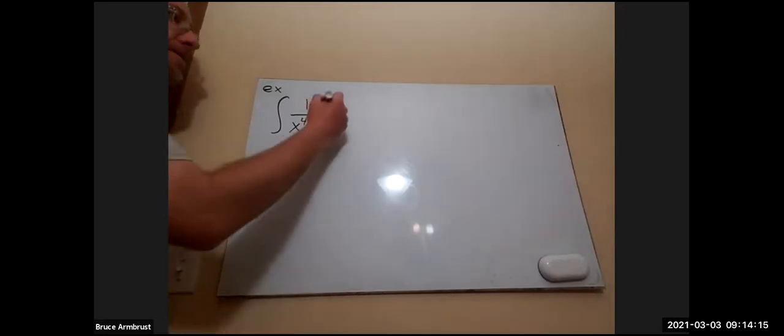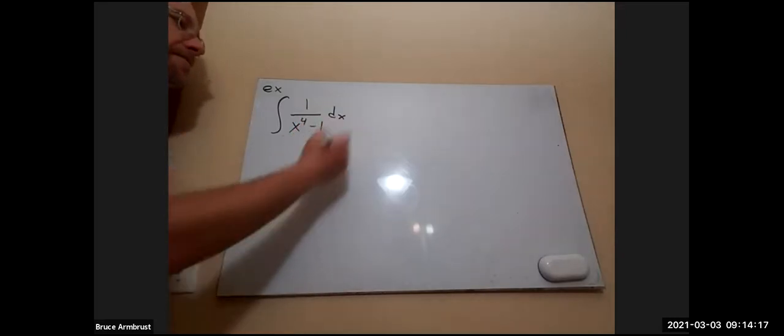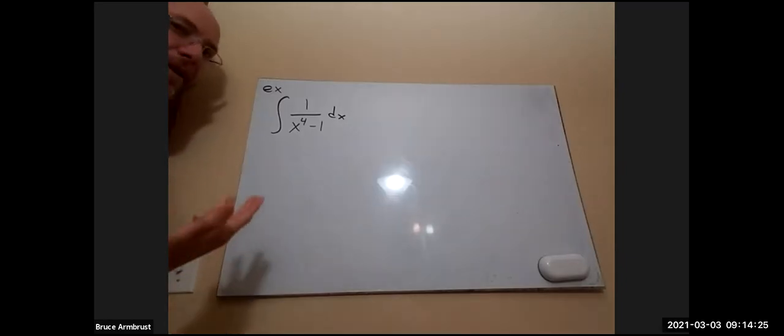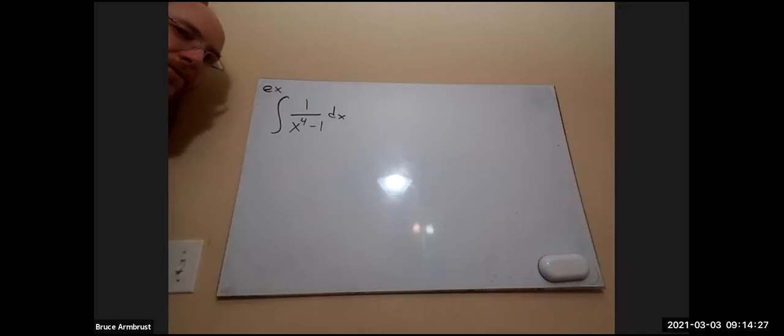Okay, so that's the one that we're going to integrate. So it doesn't seem that bad. And it really isn't. Its integral is going to be pretty easy. However, we're going to have to do quite a bit of algebra to get there.